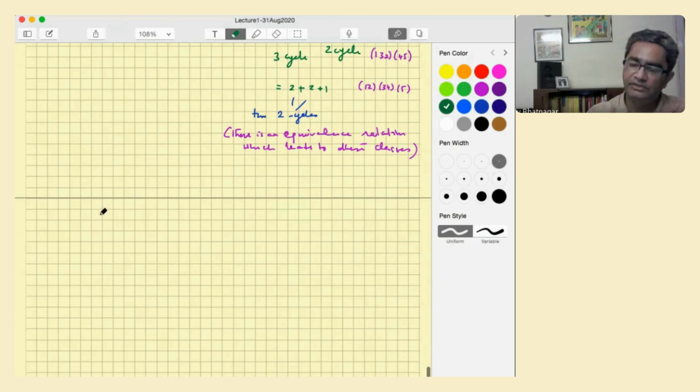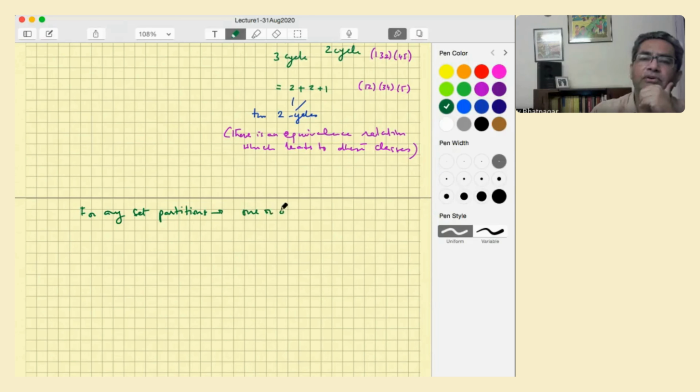This is what I do for every guy actually. For any set, whenever I see a thing, I want to show it to you also. For any set partition, it corresponds to one or more cycle decompositions.